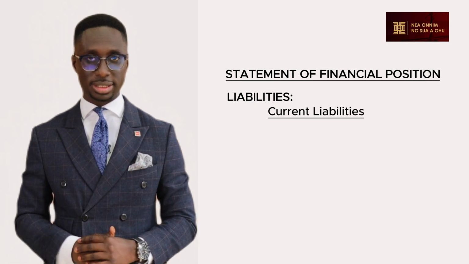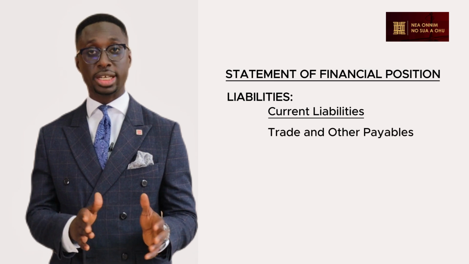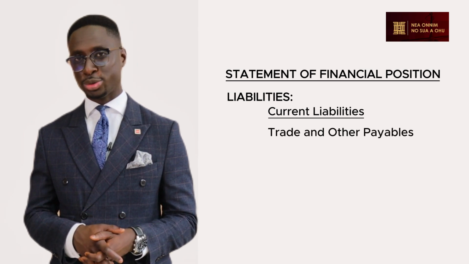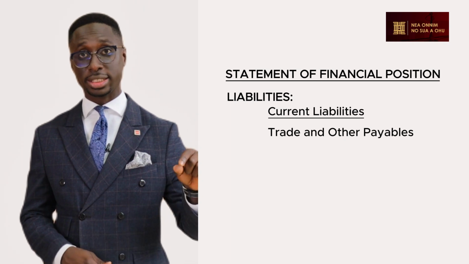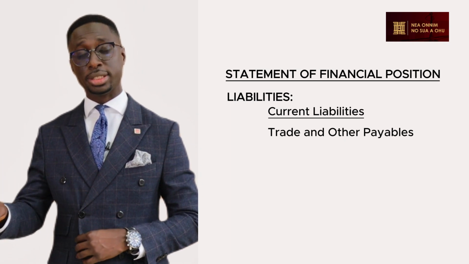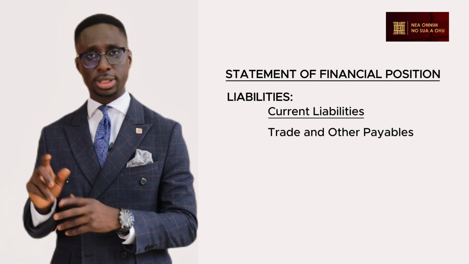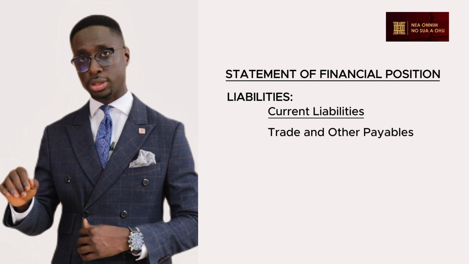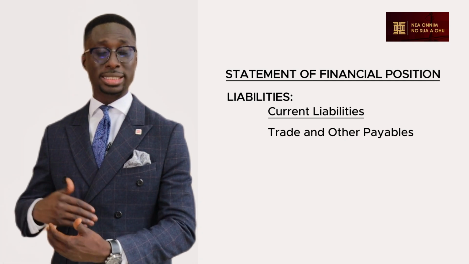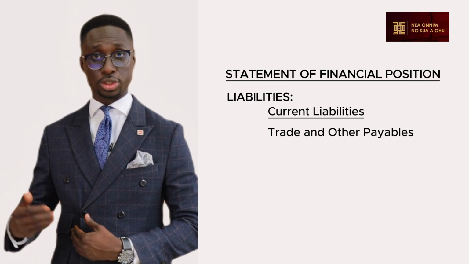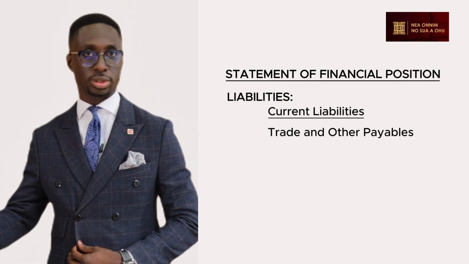Current liabilities. So the first of the items we'll look at is what we call trade and other payables. You would remember trade and other receivables when we looked at current assets. Now under current liabilities, there's trade and other payables, and it's a similar concept. Trade payables arise from acquiring items for trade, which is stock in trade, which is not yet paid for.